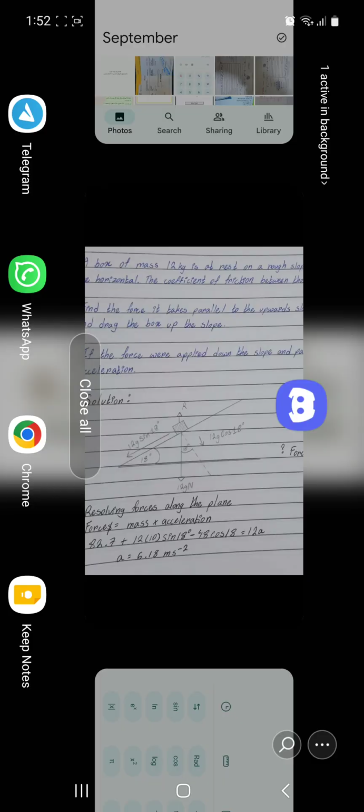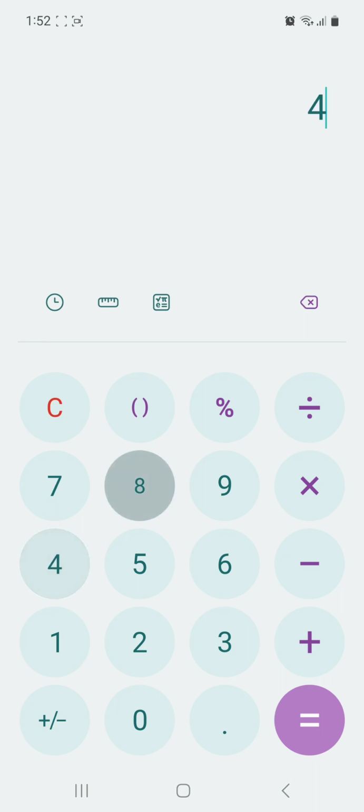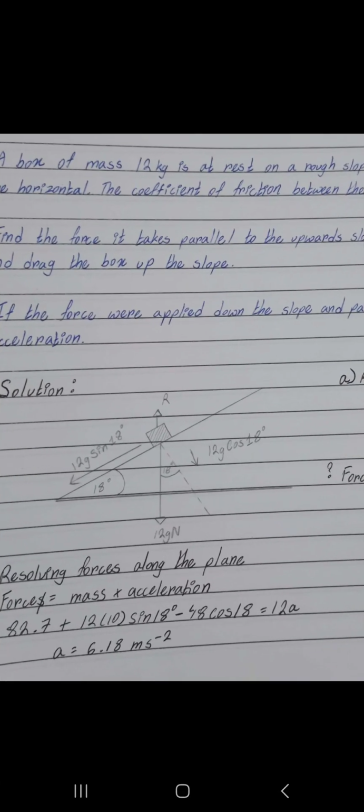Sine 180 should be 0. Yeah, it is. Sine 90. Okay, so it's in degrees. So it was 37? 48 cosine 18. It's not. So no, they're not equal in general. Too bad. I'm a little disappointed.